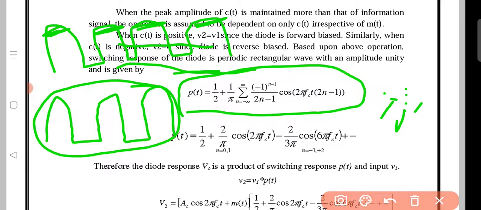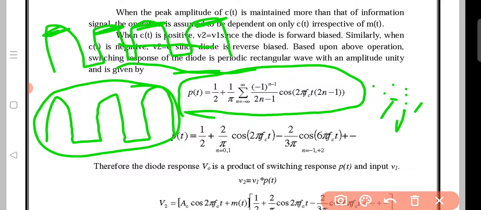So what is the equation for the pulse train? The pulse train is denoted by p(t). Here p(t) equals 1/2 plus (1/pi) times the sum from n equals minus infinity to infinity of ((-1)^(n-1))/(2n-1) cos(2 pi fct (2n-1)). This is the equation for the pulse train in terms of the carrier wave.